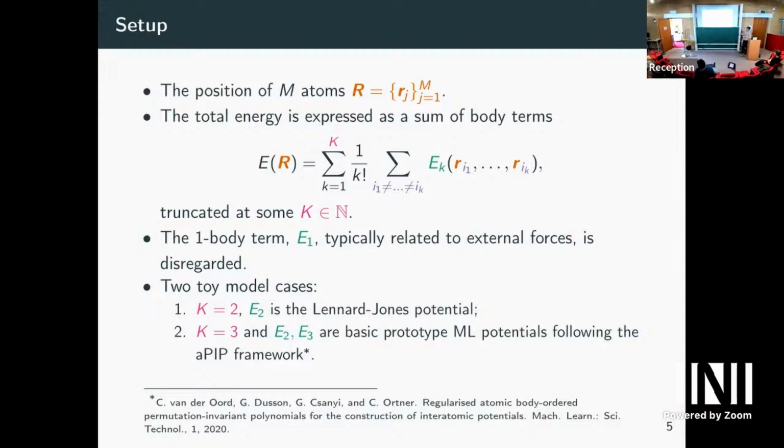and we introduce an energy that depends on the interatomic potential. The idea is that you express it as a sum in a body order expansion. I'll untangle this formula on the next slide, but essentially the point is that you first look at two body terms. So you compare the interaction between these two atoms, for instance, separately, then between these two atoms, then between these two atoms.